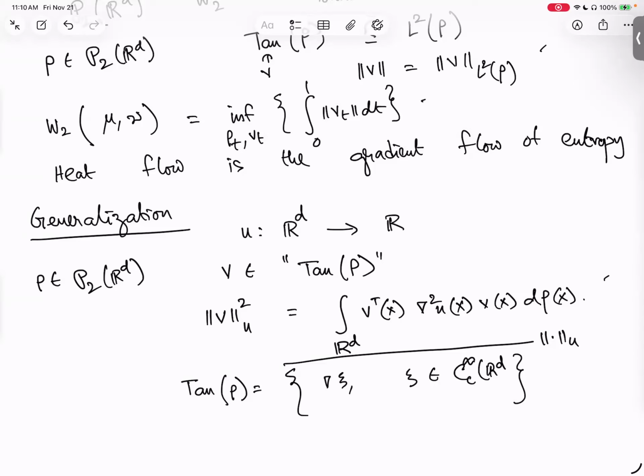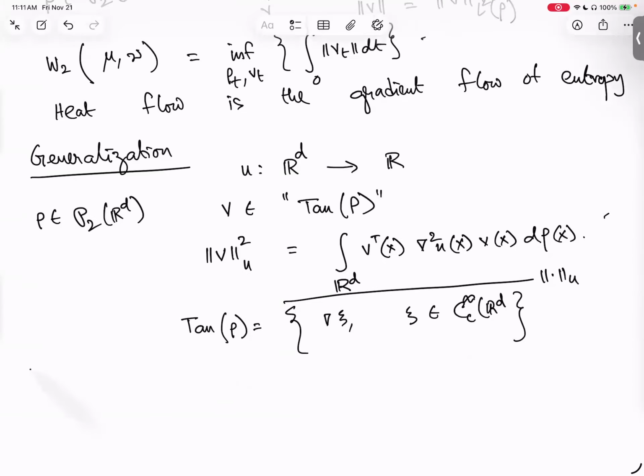What is important is that defining a new metric tensor locally on the tangent space allows me to generalize this Riemannian framework and to talk about the gradient flow of different quantities like entropy or Kullback-Leibler. So one can ask, what are the gradient flows of KL in this structure?